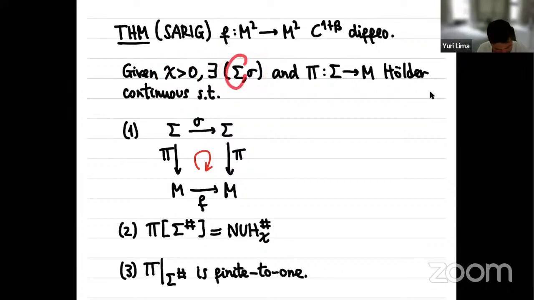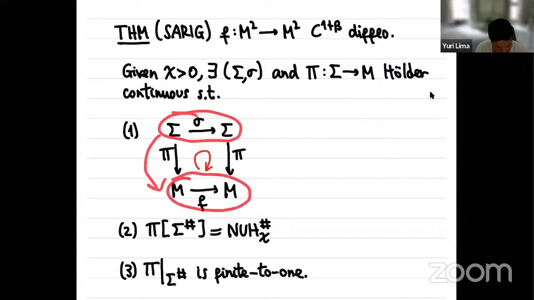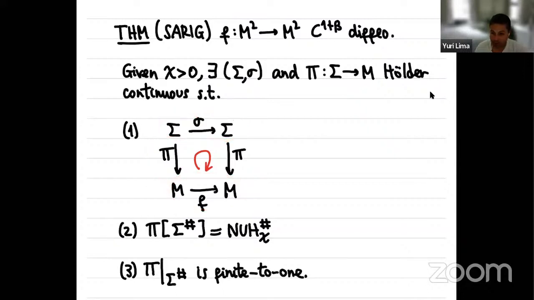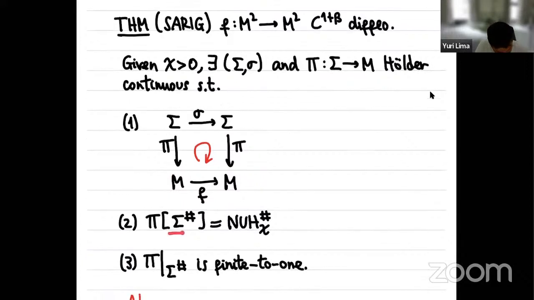So this is a symbolic space with the left shift, and a Hölder continuous coding map, just like we wanted in the first lecture. So this is an extension of the original system. So this diagram commutes. And furthermore, the image of this subset is exactly NUH chi sharp.